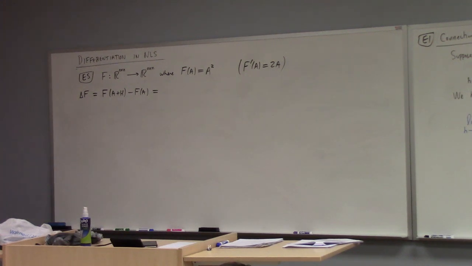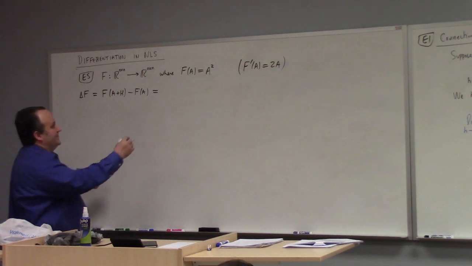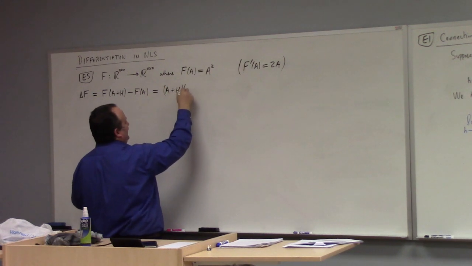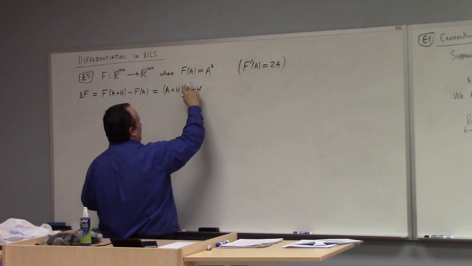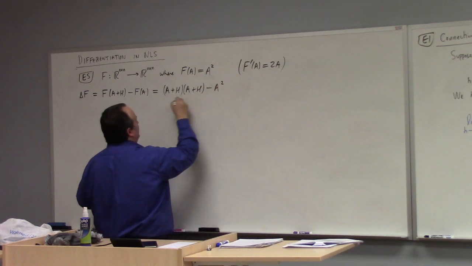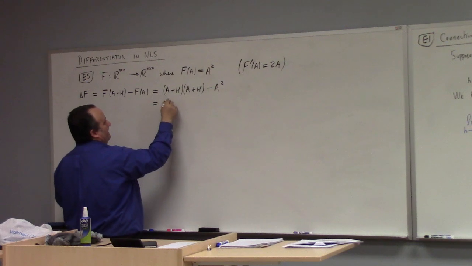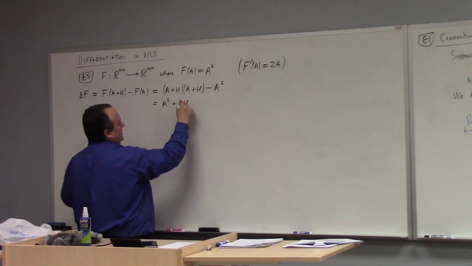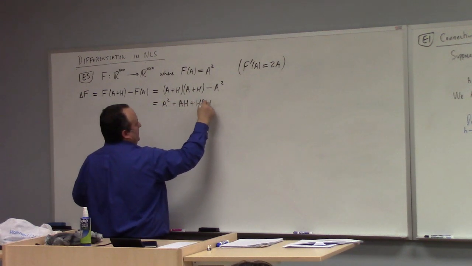A squared plus HA plus AH plus H squared. So AA plus AH plus HA plus H squared.